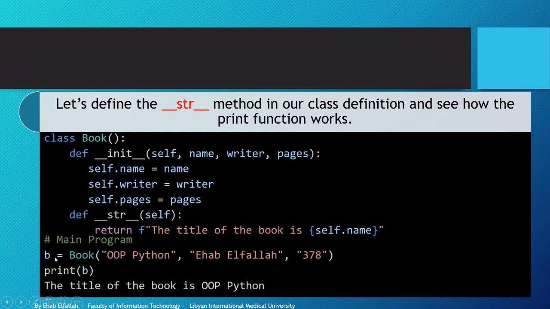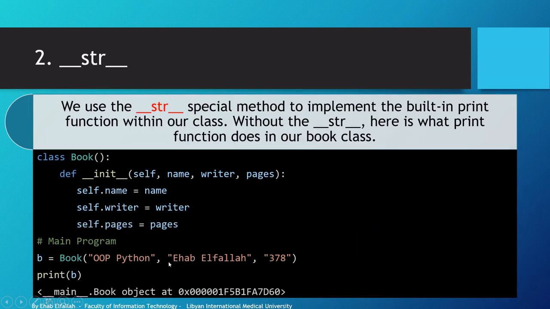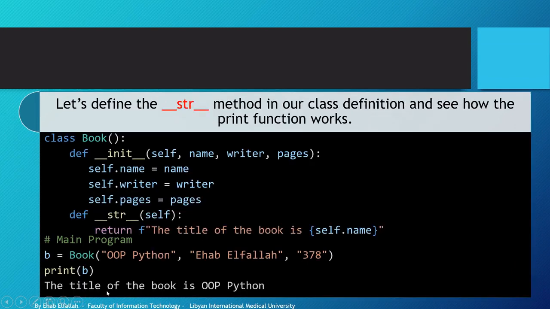After we create an instance of this book, pass the arguments for the three attributes, name, author or writer, and pages, and print the object, instead of giving us "this is an object of Book", we get "The title of the book is OOP Python", because we have a special method called str, and it fires automatically with the print function that we used in our previous examples. So this is the second special method.